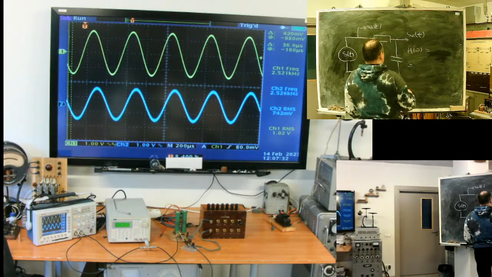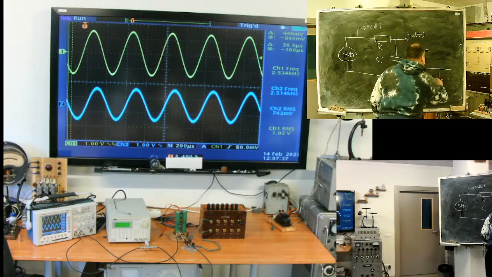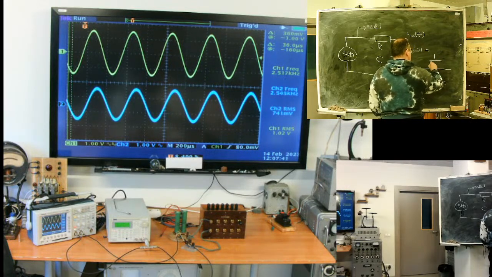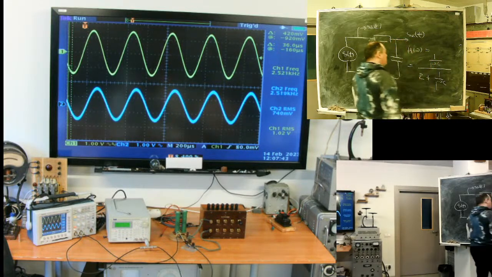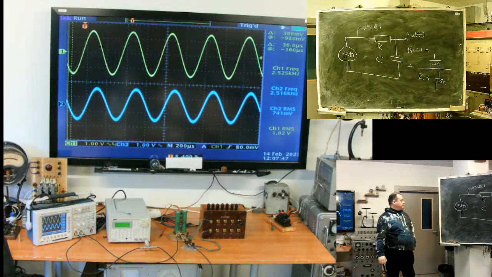We have current, and voltage multiplied by current. Here it is. Yeah, this is the transfer function of this network.